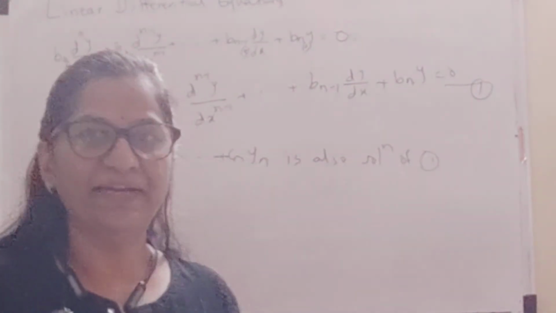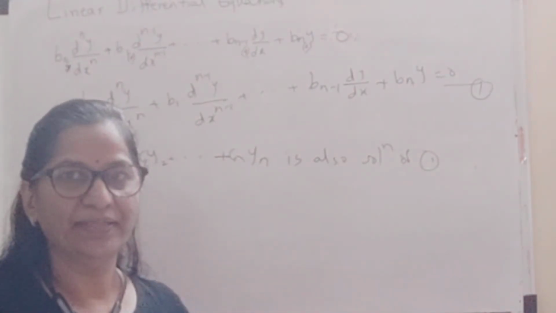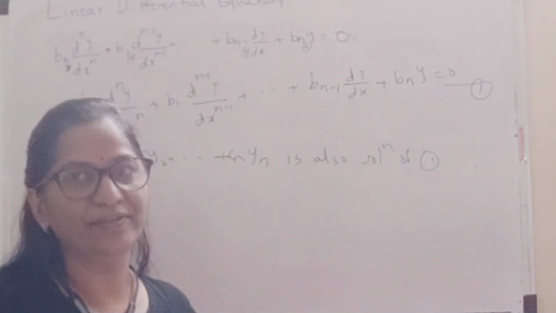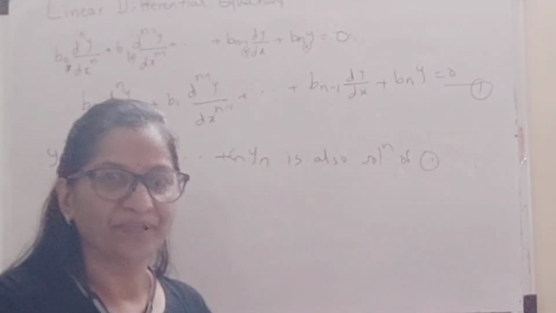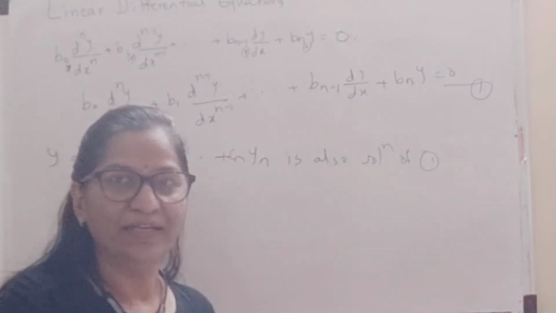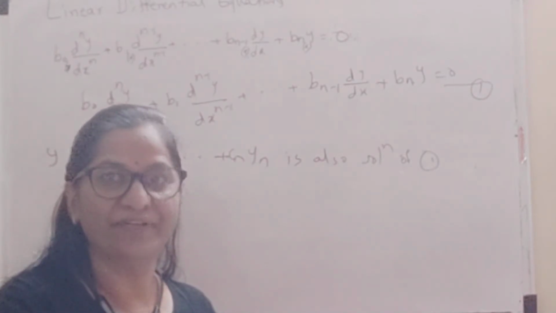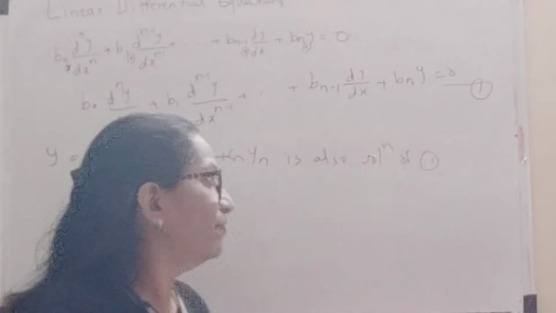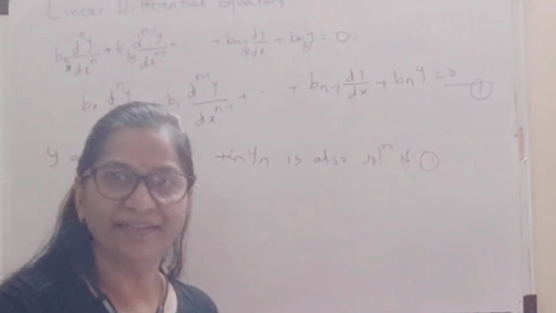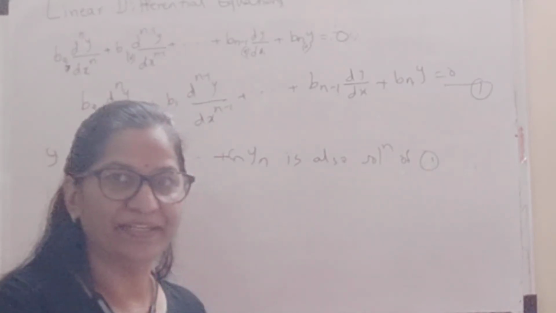So thus if y1, y2 up to yn are solutions, then their linear combination is again a solution of the differential equation. Okay, and this type of solution is called the general solution for a homogeneous linear differential equation. But if the differential equation is not homogeneous, is it possible in that case? No. So we'll discuss it separately.